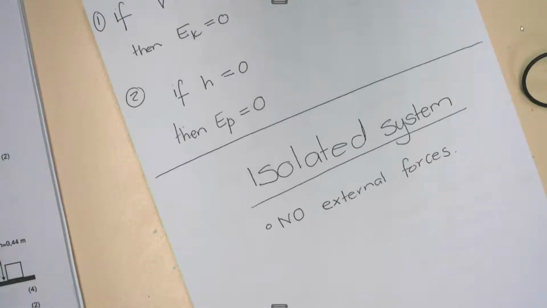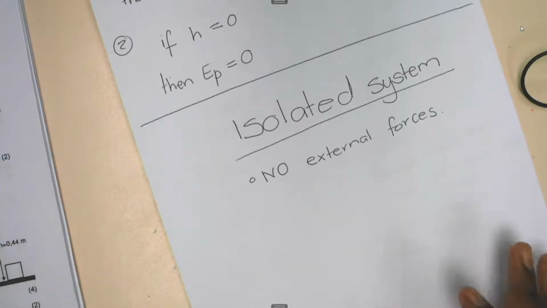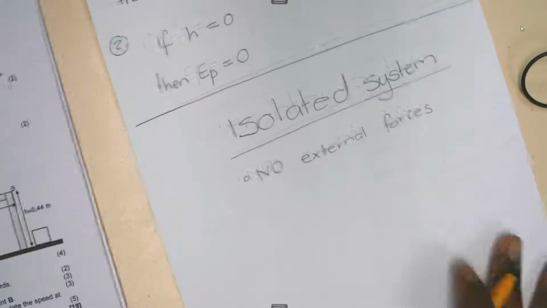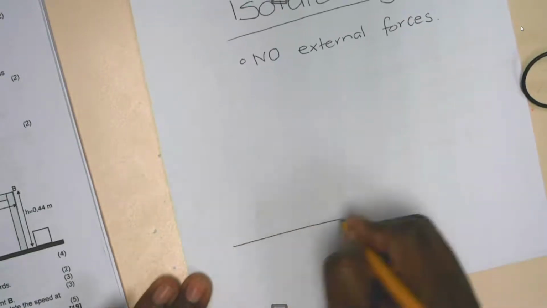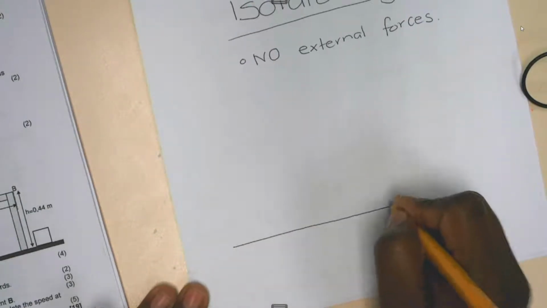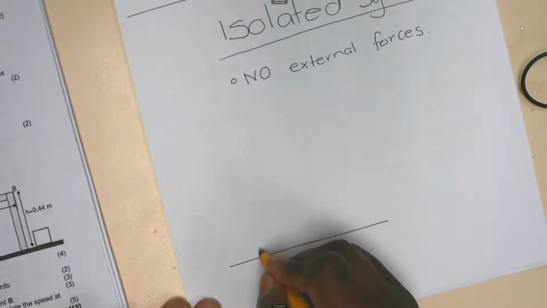So there will only be two energies involved, which means the energy that is being transferred when work is done is either kinetic energy or potential energy. Now, let's say for example, this is the ground and I have an object here.